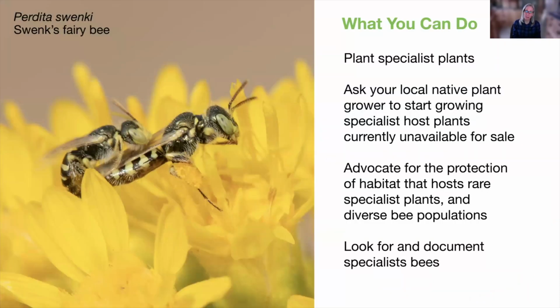So what can you do for specialists? Start by planting specialist plants in your garden or in your restorations that are regionally appropriate. You can start asking your local growers to begin growing plants that you can't find available for sale. And I think we're all doing this, but advocating for the protection of habitat, both medium and high quality and extremely rare habitat that is providing critical host plants and habitat for these specialist bees.